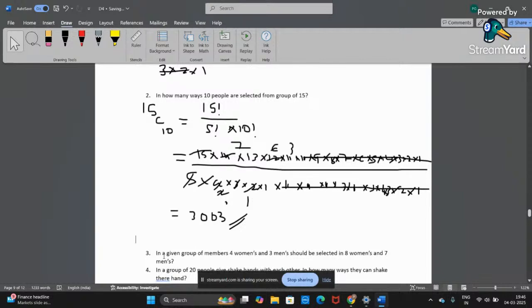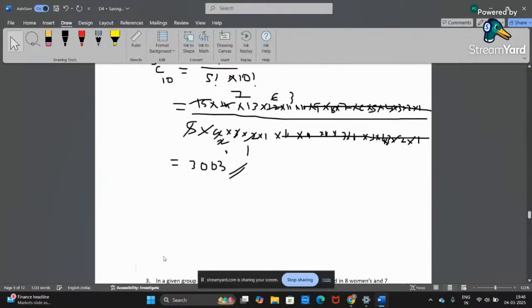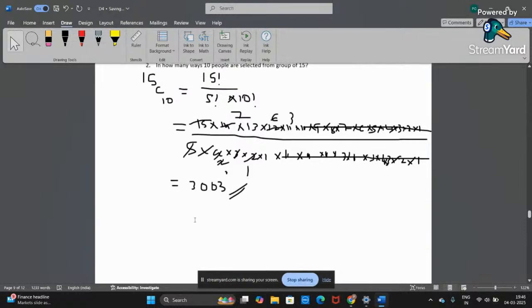Without this formula, let's see how to find the answer like the previous sum. Here they have given 15C10. This we can write as 15C, and instead of 10, we directly subtract: 15 minus 10 is 5. So it is 5 into 4, we have to write next 5 numbers including 15: 15, 14, 13, 12, and the fifth one is 11.